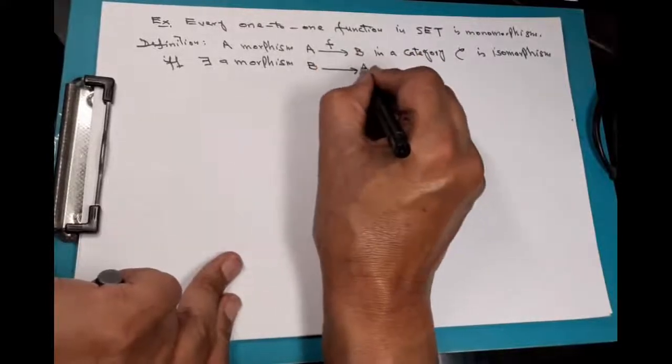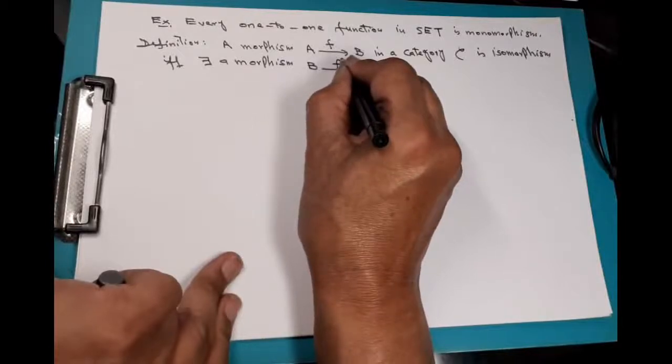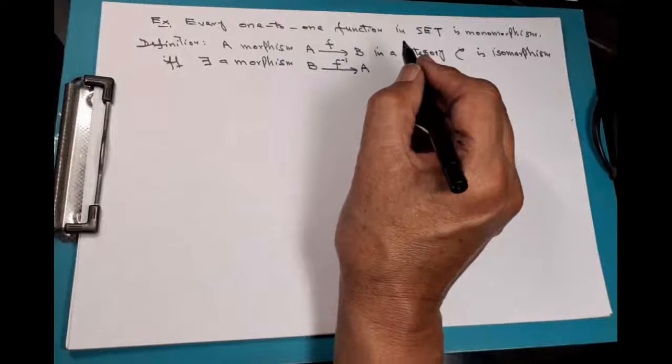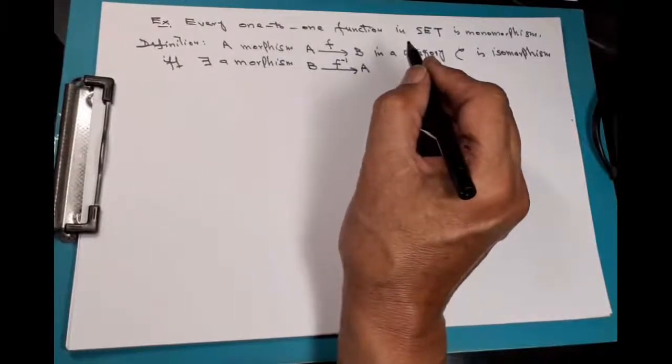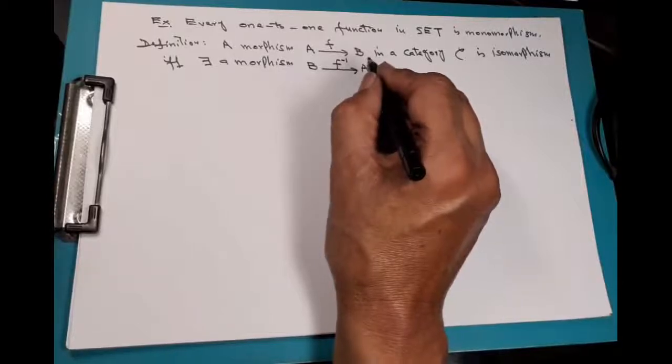If there exists a morphism from B to A, and we denote this morphism by this particular symbol, and you know this symbol very well, we call it F inverse. So far it is just a symbol, but you can see that this is going to be the inverse of this function.